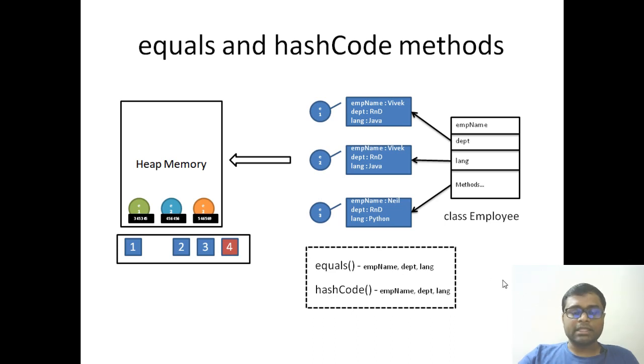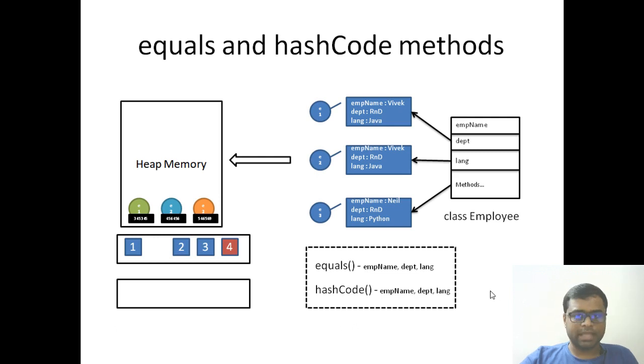Now consider another example in which we'll have to create a set of objects, basically employee objects. For example, we can have different objects in which we might end up having, let's say, the same values. Now how are we going to define that two objects are the same and discard them from being added to the set once again?